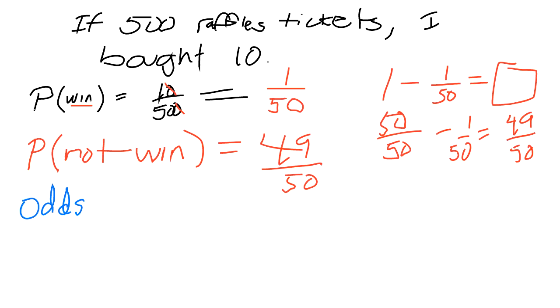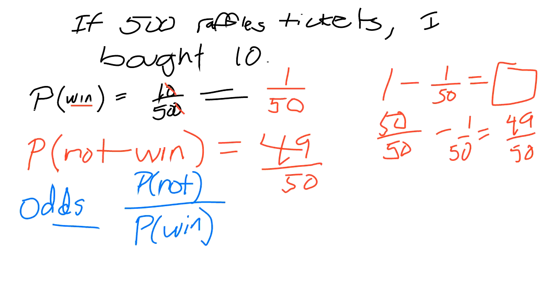So I would take my probability of not winning, and I would put that over the probability of me winning. And that gives me what we call the odds. So I would take 49 over 50, and then I would divide that by 1 over 50.